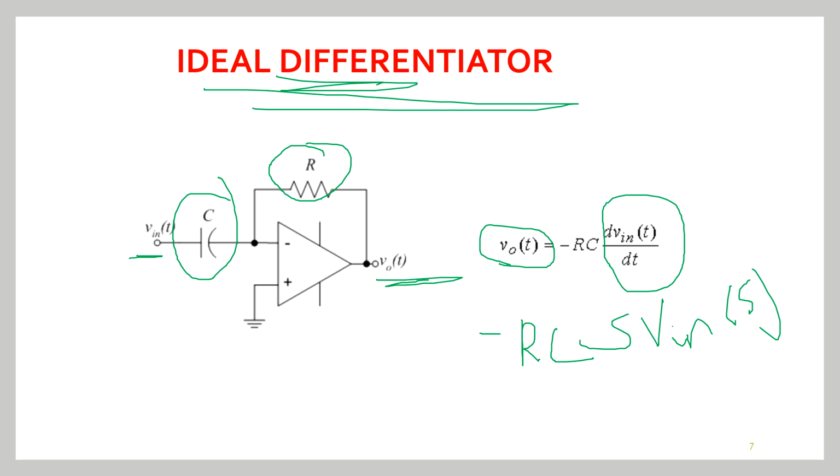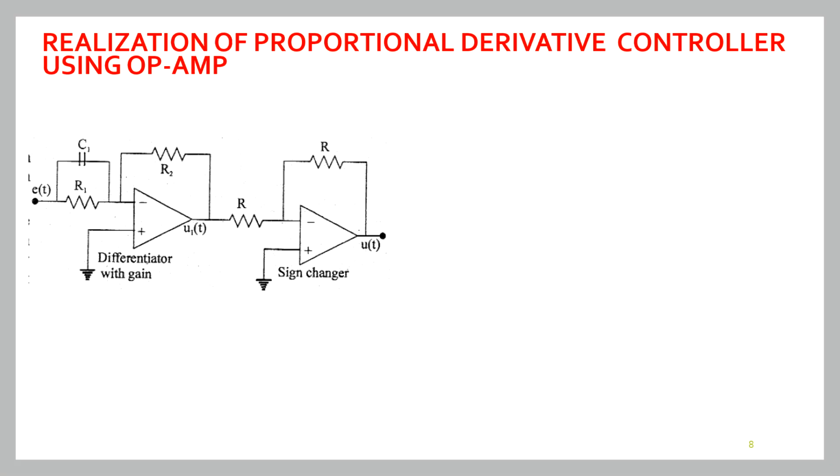So let us add a proportional controller effect also. As we have a proportional derivative controller, we need to add an equivalent resistor in parallel with the input capacitor to convert a pure differentiator into a proportional and derivative controller.